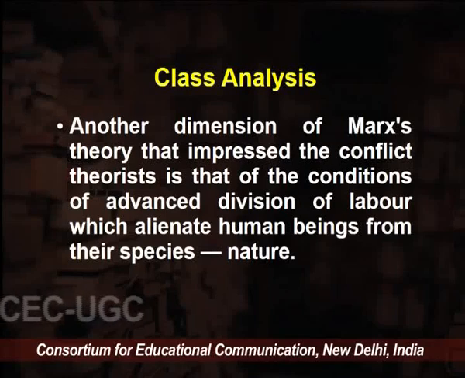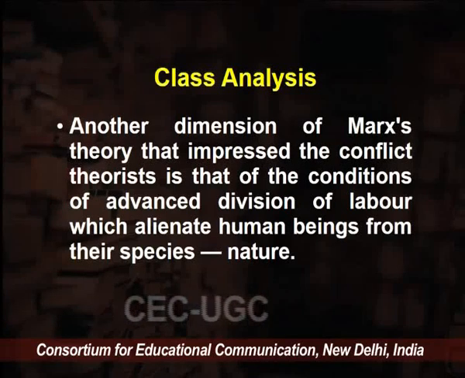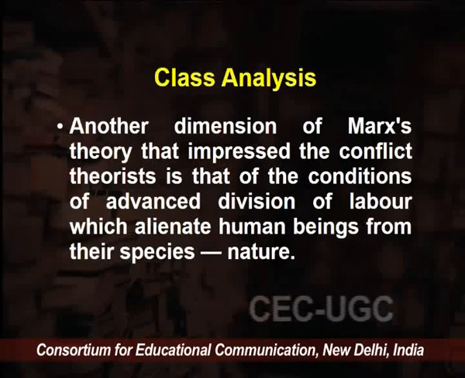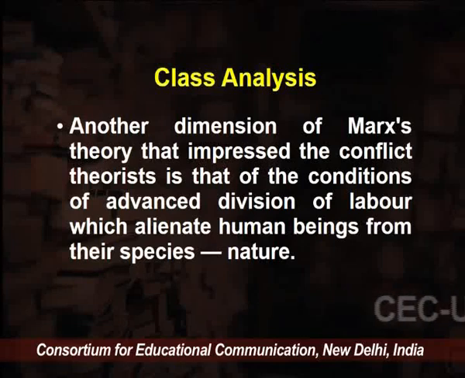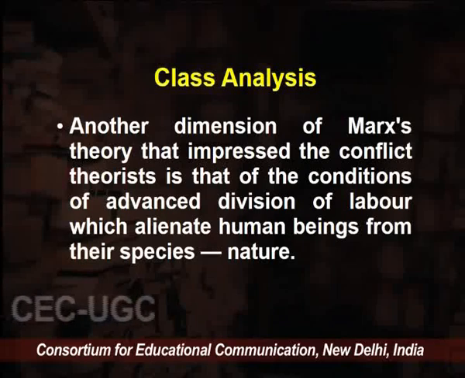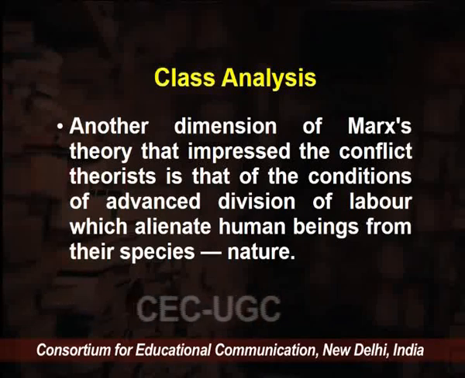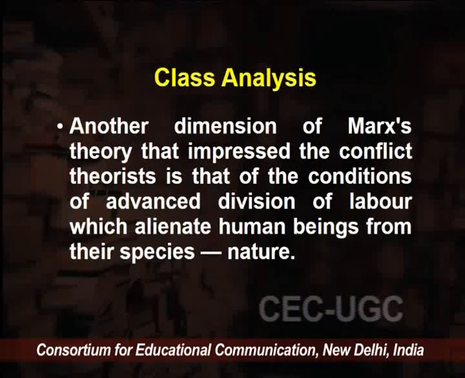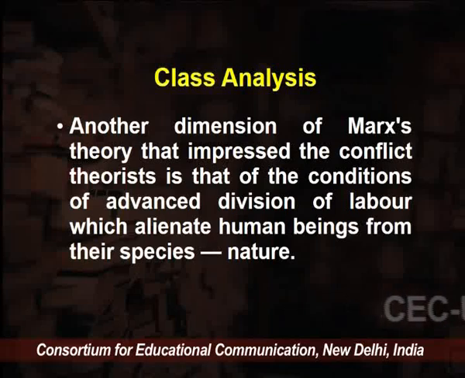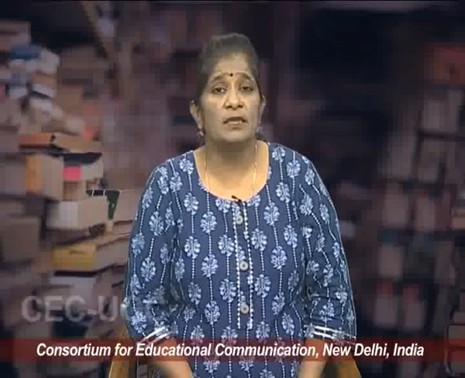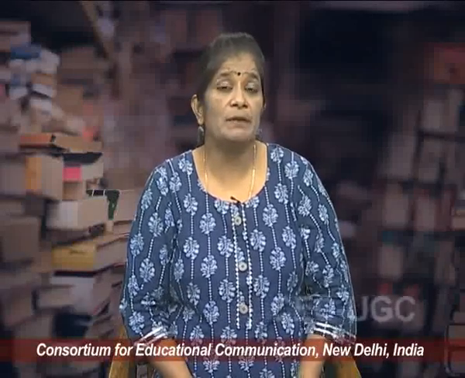Another dimension of Marx's theory that shaped conflict theory, and which many theorists after Marx used to understand industrial and post-industrial society, was the concept of alienation. For Marx, it was a concept emerging at the root of the modes of production.